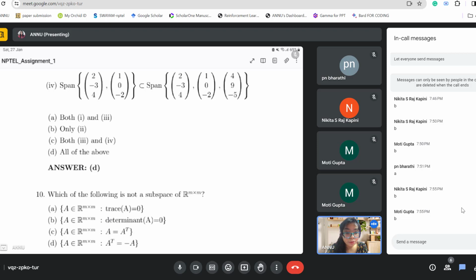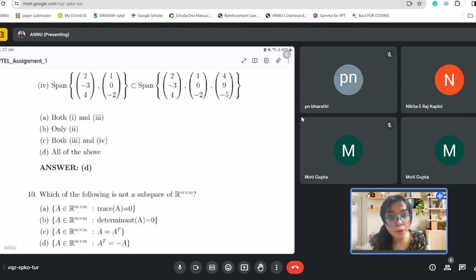As you were asking about my qualification, I'm telling you. Moti was asking. I am a direct PhD student. I joined the PhD program after my BTech. I did my BTech in 2020 from a central university in Chhattisgarh, and then I joined PhD in IIT Hyderabad.